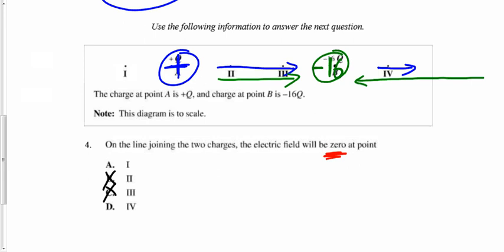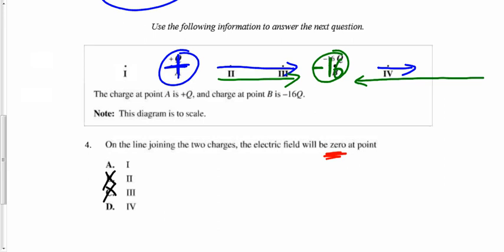What's one of them? It's closer. Okay, closer distance means a stronger field. What's the other reason? That's the main reason, by the way. Yep. Charge is bigger. So it's closer, bigger field, bigger charge, bigger field. Are those two going to cancel out and give me a net field of 0? No. So the answer must be 1.